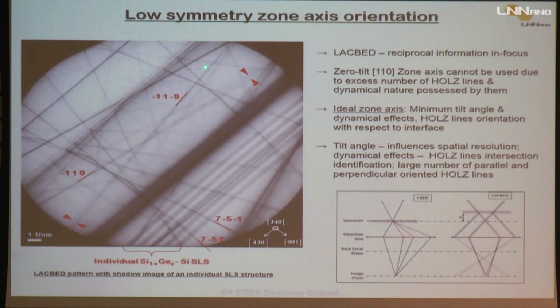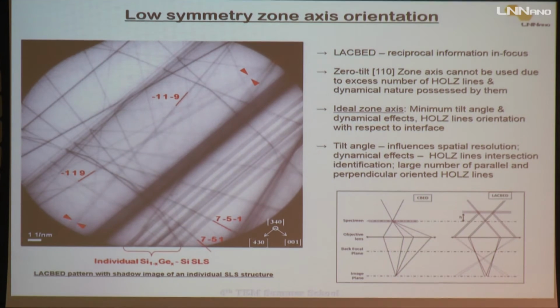As the HOLZ line comes nearly parallel to this interface, it tends to split. In the same way here, as this line is oriented parallel to the silicon superlattice and comes near the interface, it starts to split.